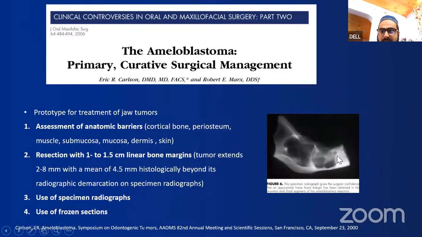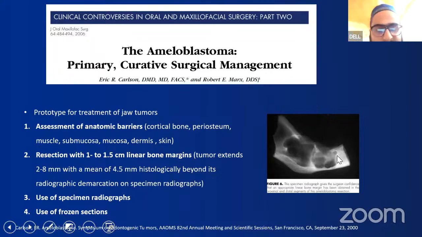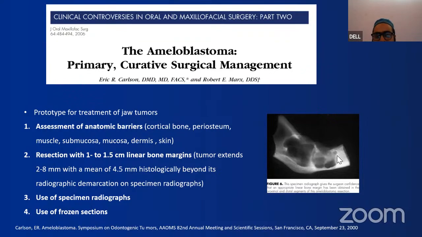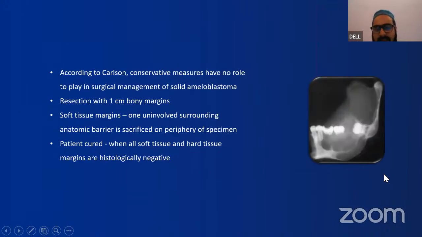If the margins are less than 1.5 centimeters, there is the option of frozen section, where the surgeon will send some bone marrow, some cancellous bone, for frozen section to analyze in case additional resection is needed.